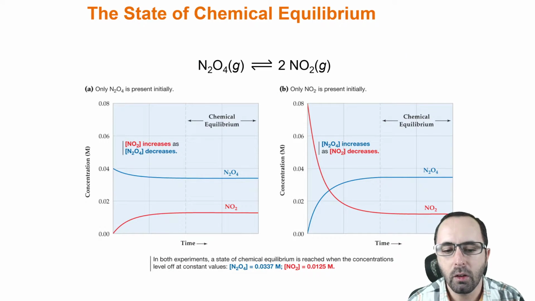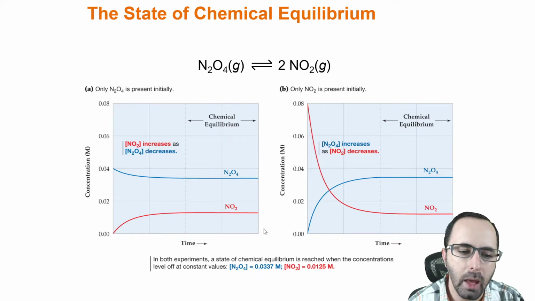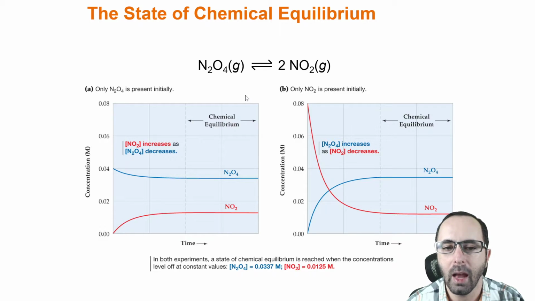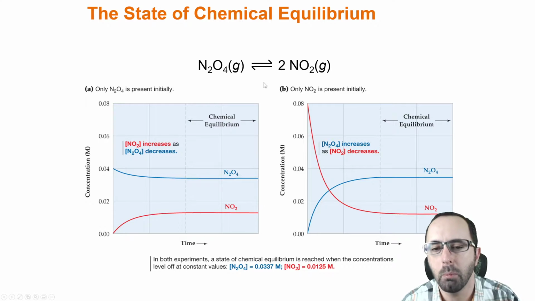So what does this look like in terms of concentration? And the answer is that it really depends on the reaction. So if we're looking at the reaction that we were discussing before, N2O4 in equilibrium with NO2, first of all, one thing you're going to notice is that what we've written here is a reaction arrow that goes in both directions, forward and backwards.